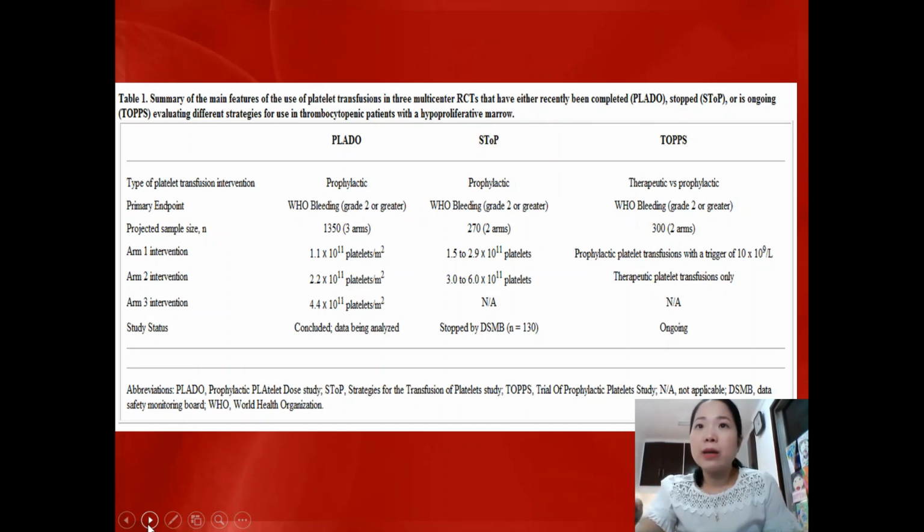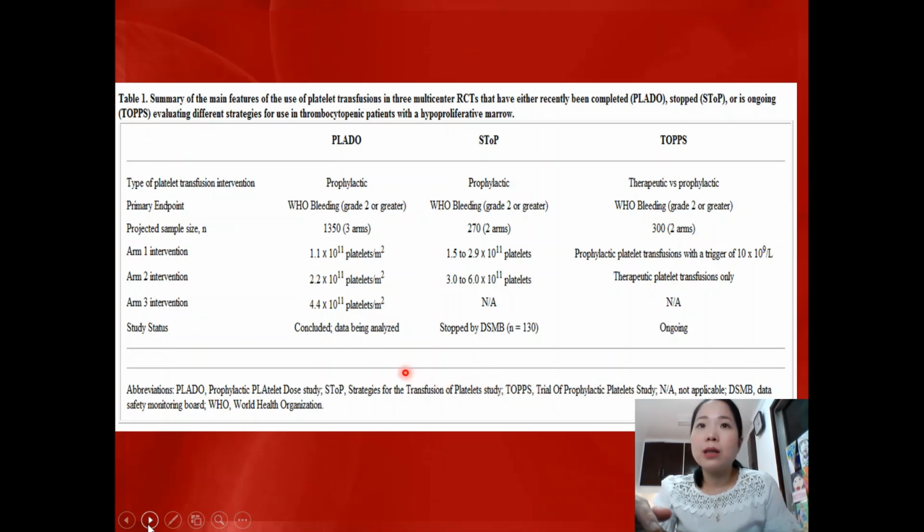Now, there are several randomized controlled trials recently completed, such as the prophylactic platelet dose study or the PLADO study, the STOP or strategies for the transfusion of platelet study, and the TOPS, a trial of prophylactic platelet study.